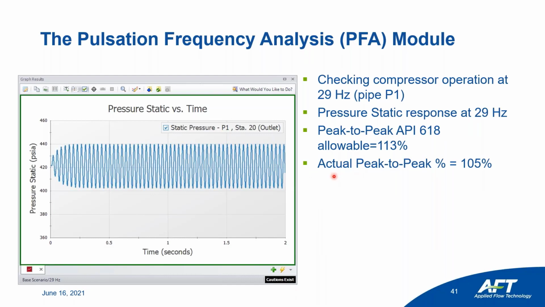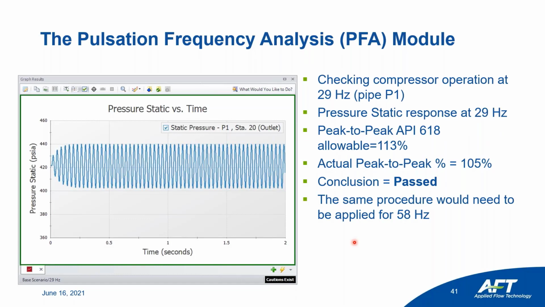So this means that if the compressor operates near 29 hertz, it will pass. So you would comply with API 618. The same procedure would need to be applied for 58 hertz, and you would need to check the peak-to-peak allowable for that frequency, and whether or not the actual peak-to-peak percentage complies with API 618.